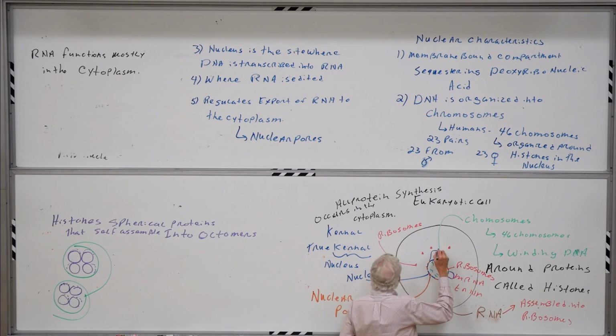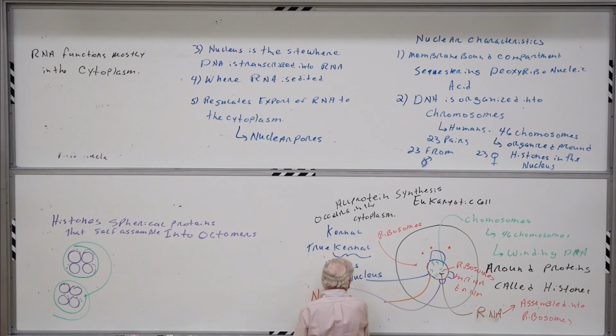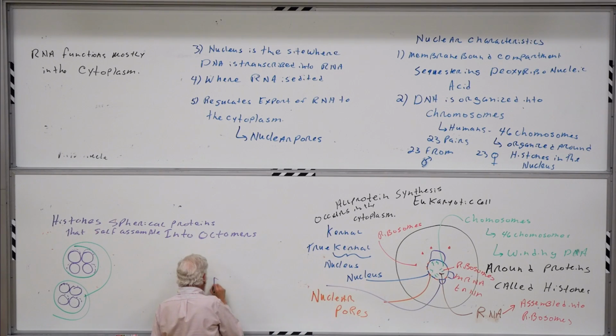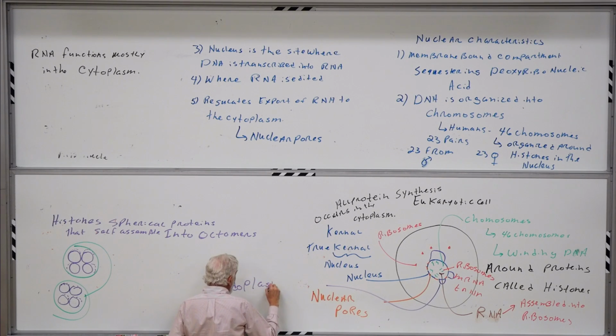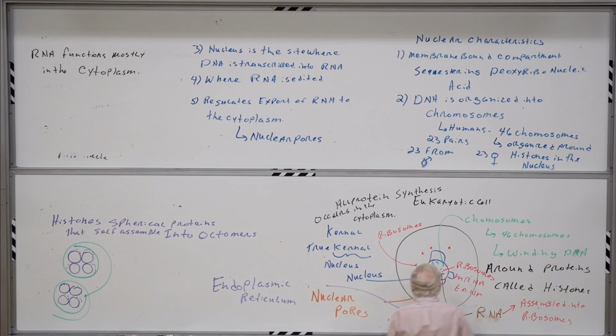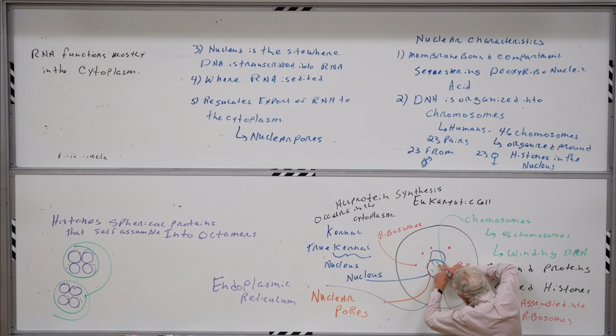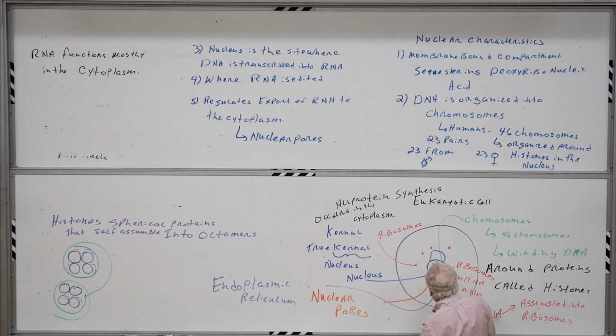This membrane-bound compartment is known as the Endoplasmic Reticulum. And one part of the endoplasmic reticulum membrane is actually a part of the nuclear membrane.